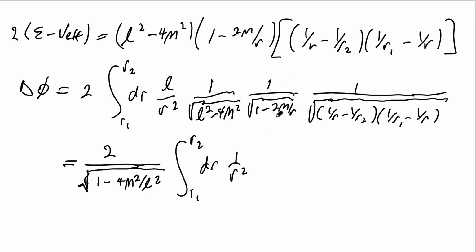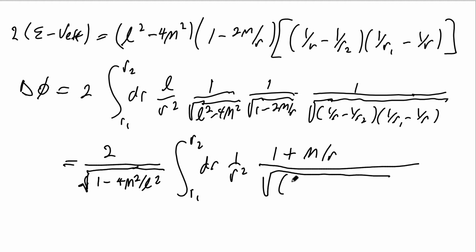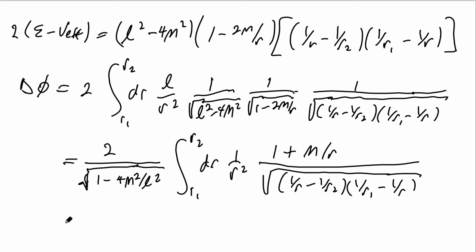And now for this factor, m over r is much smaller than 1, so let's do a series expansion on this and write it as 1 plus m over r plus higher order terms that I'll ignore. All of that divided by the square root of 1 over r minus 1 over r2 times 1 over r1 minus 1 over r. The next step is to change integration variables.